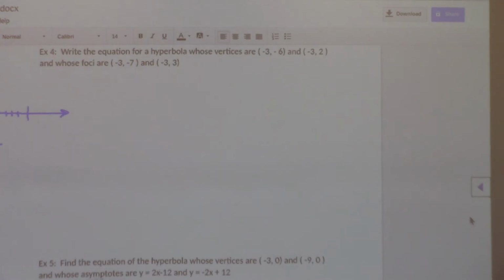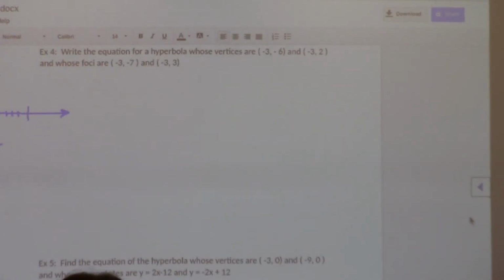They give us the vertices. How are the vertices going to help us know what the orientation is? They're either going to be this way or that way, in line with which direction it's oriented, won't they?